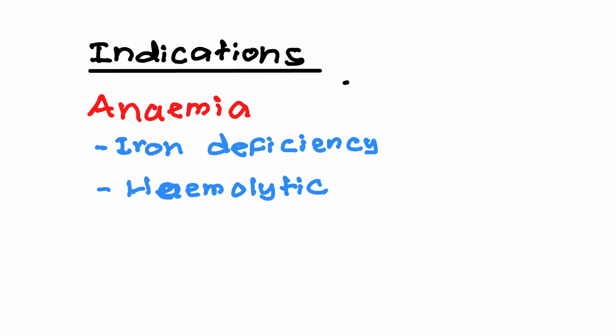Hemolytic anemia, for example, thalassemia. Thalassemia is also hemolytic anemia. It means blood cells break down before completing their original life cycle. Normally it takes around 120 days for them to be destroyed, but here they are destroyed before that number of days.